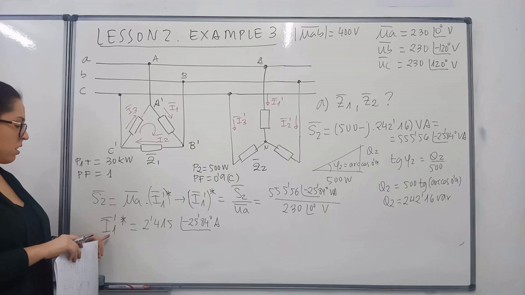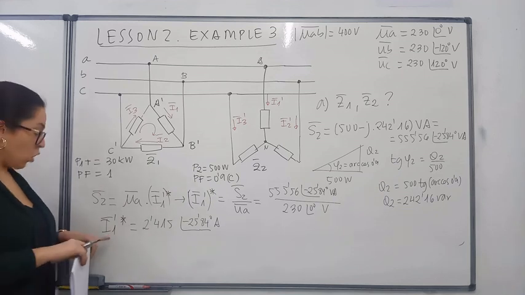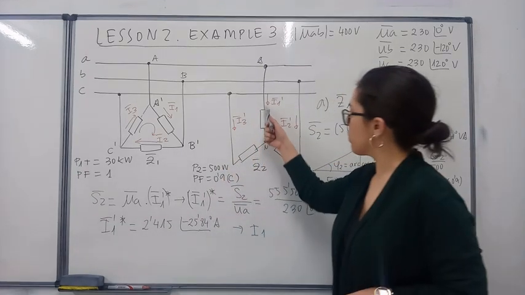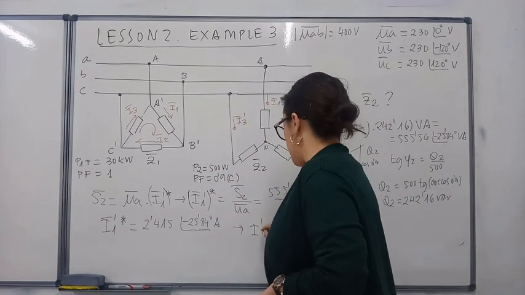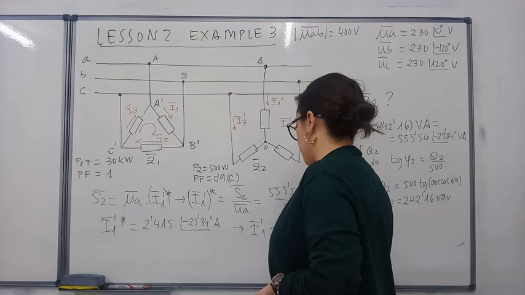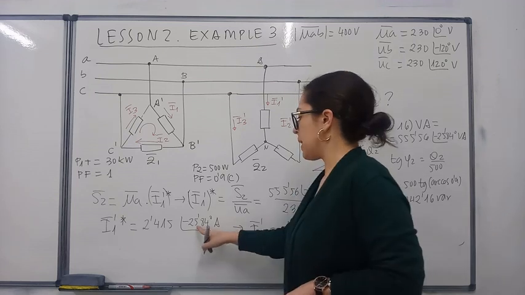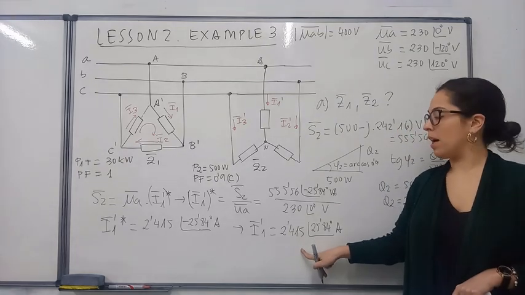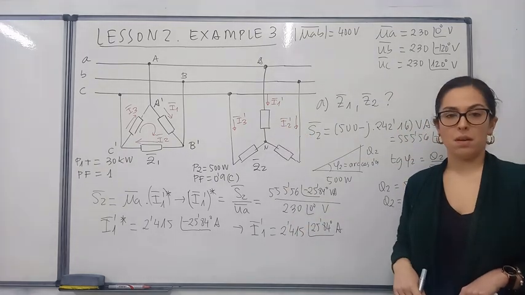Now that we have this current, its conjugate would be the current that flows through this load here, and that is obtained by changing the sign of the angle. So now we have the current flowing through this load.